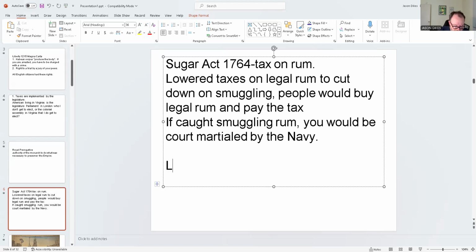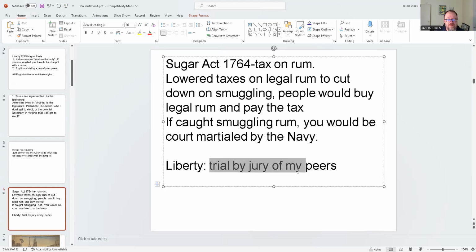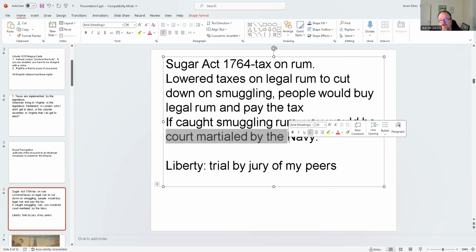Because liberty says trial by jury of my peers. What if I'm not in the Navy? That appears to be a direct violation of my rights as an Englishman. I'm being court-martialed and I'm not in the military.